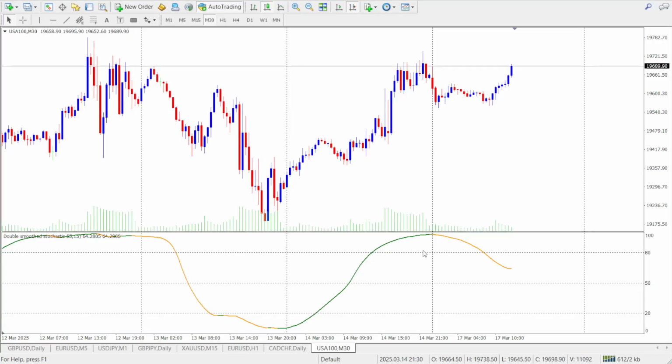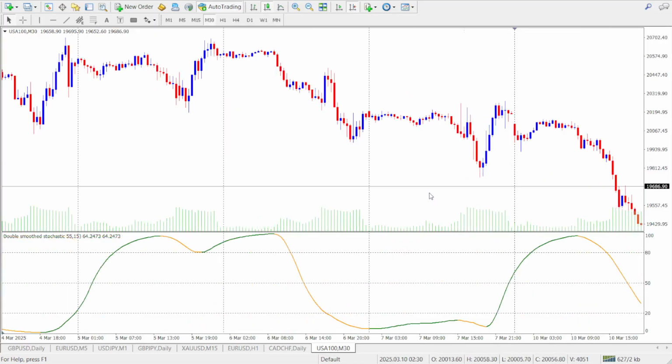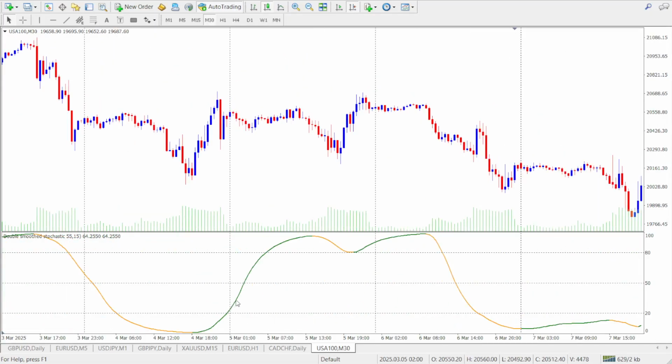Then it applies 2 levels of smoothing to reduce unnecessary fluctuations and highlight stronger trends. So you will notice that the indicator line changes color based on momentum shifts. The 20 level indicates oversold, while the 80 level indicates overbought.